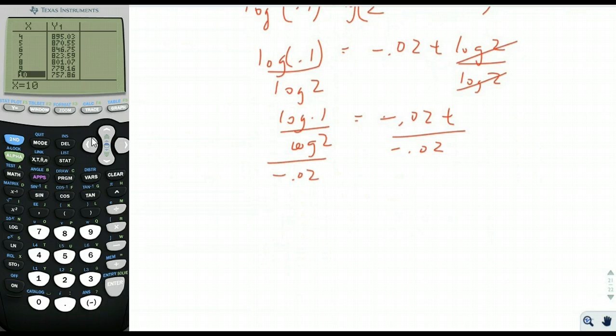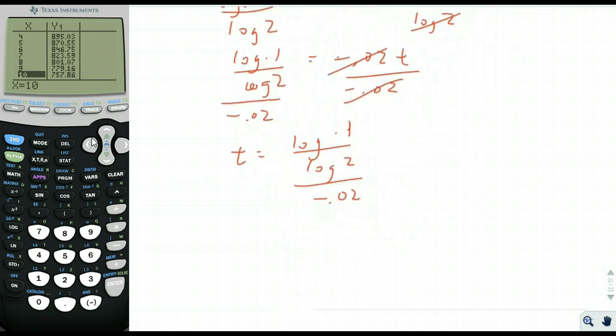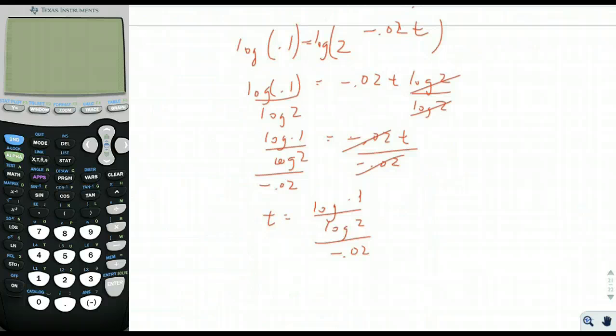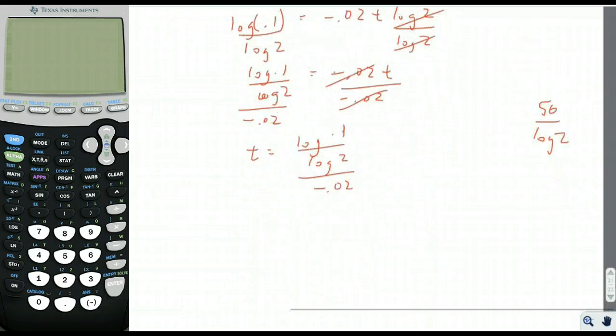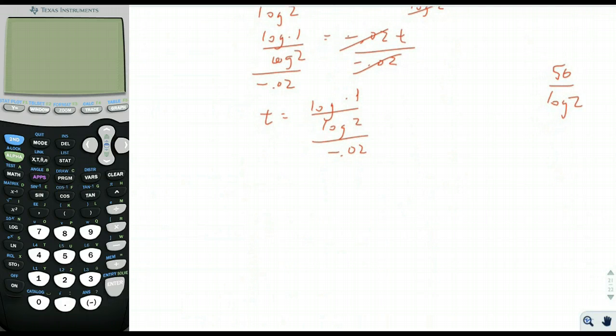And then I'll get t equals the log of 0.1 divided by log of 2, divided by negative 0.02. Now somehow we need to manipulate this so that we end up getting 50 divided by log of 2. That might be kind of hard to see at first, but we do have log 2 there, so we're kind of close.